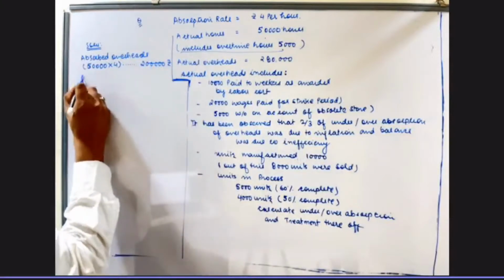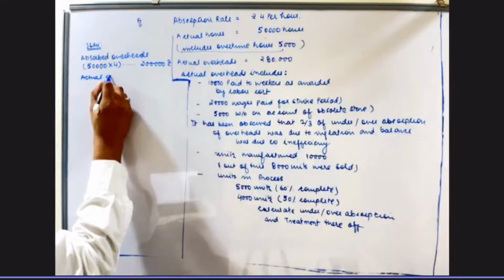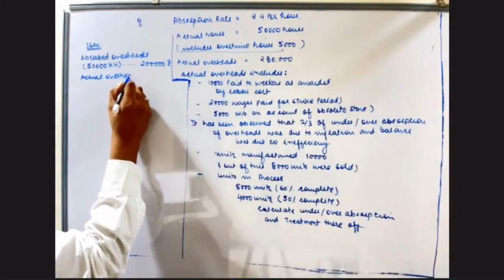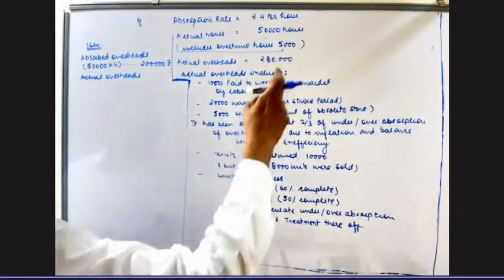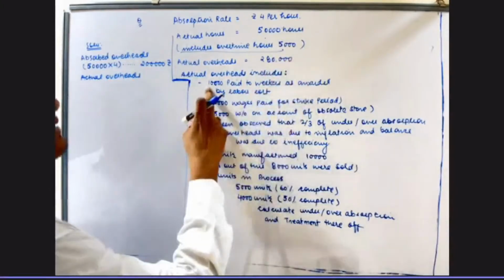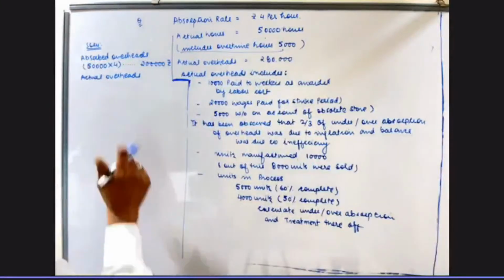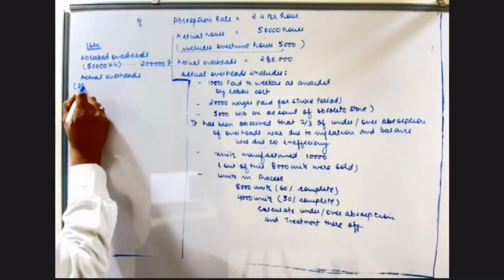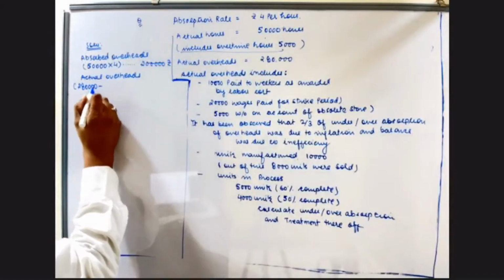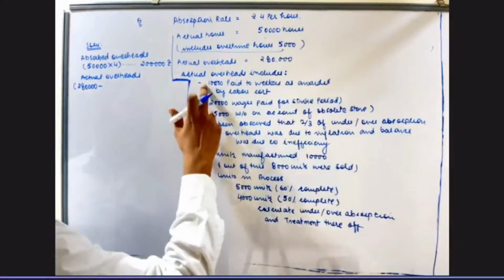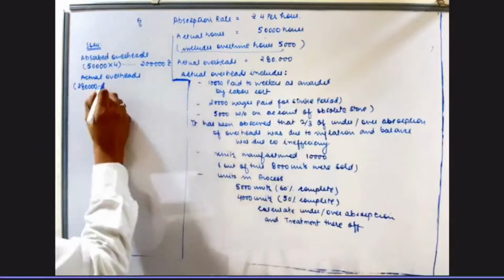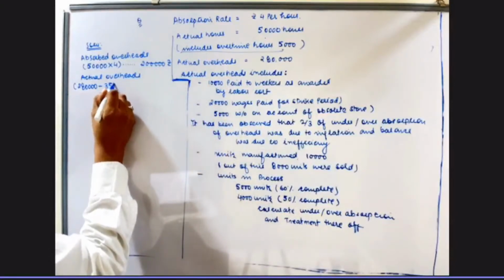When talking about my actual overheads, it is 2,80,000 minus 10,000, 20,000 and 5,000. So 2,80,000 minus 20 plus 10, 30 plus 5, minus 35,000.